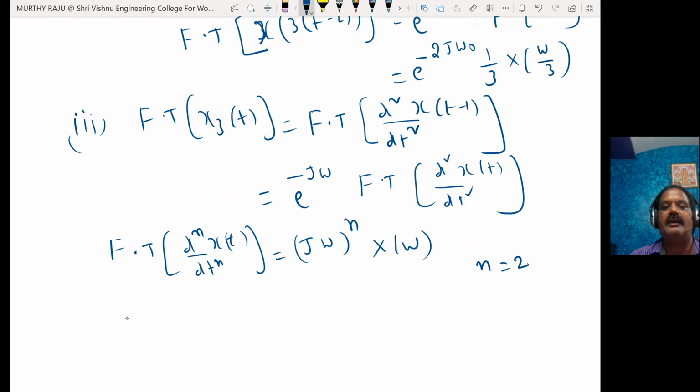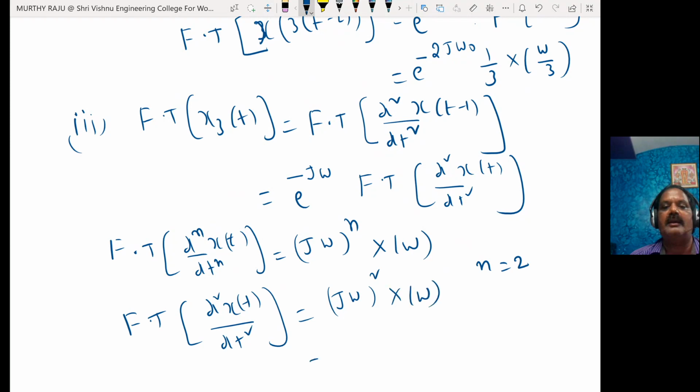Therefore, the Fourier transform of d square x of t by dt square is equal to j omega whole square X of omega. j square is minus 1, so minus omega square X of omega.